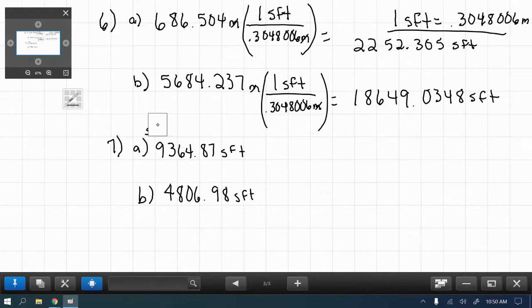We're given that. We're solving for meters, so the meters is going to go on top.